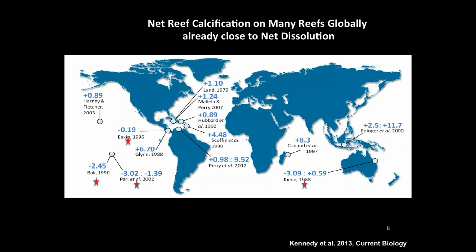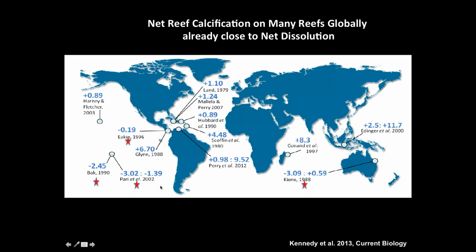And so when we look at net reef calcification rates globally, we can see that many reefs globally are already close to net dissolution. So a value of 0 means there's no net calcification, that basically the calcification is exactly balanced by the dissolution and erosion.